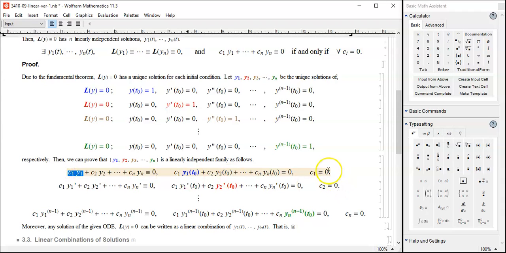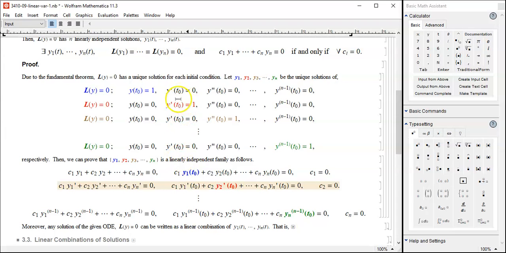How about the next? From this linear combination, take the derivative: c1 y1 prime, c2 y2 prime, and in the end, cn yn prime. I took the derivative because I'm going to look at the second column now.